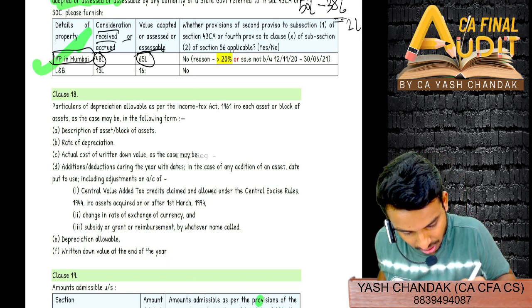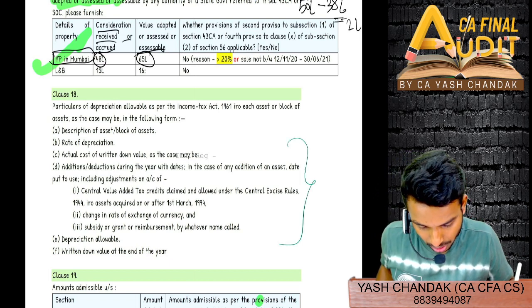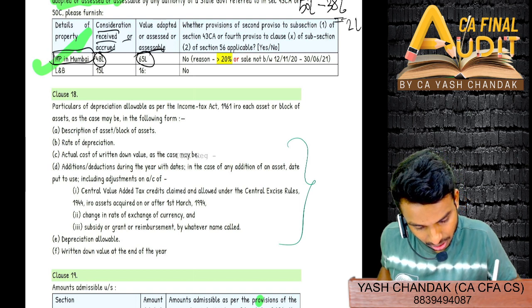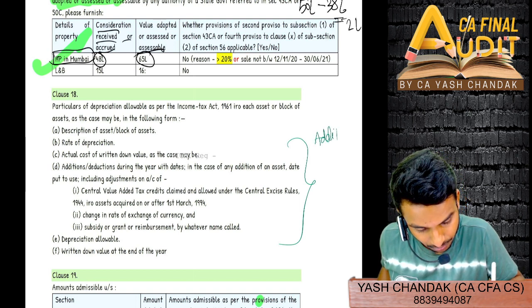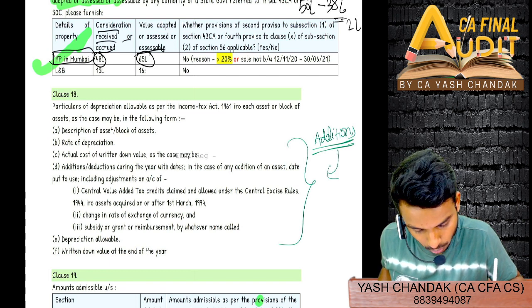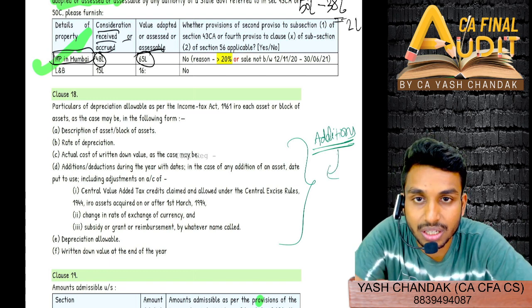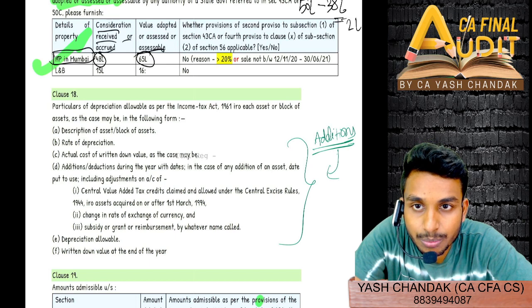Okay, there has to be some more write-up here which is not included. Let me quickly check from the tax audit report.